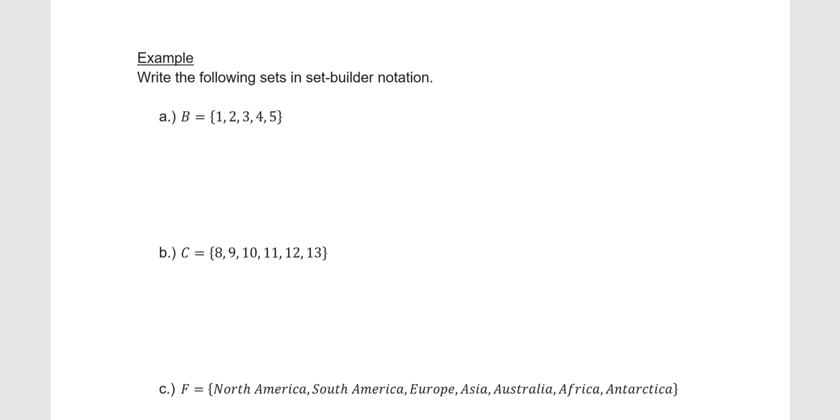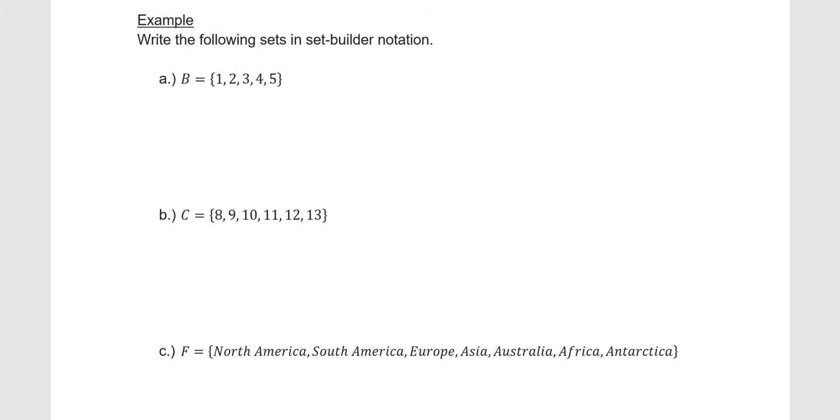So now let's go the other way. Let's have some examples here. We want to write the sets from roster form to set builder notation. So the first set B, we have the set 1, 2, 3, 4, 5. So in set builder notation, they're always going to start off the same. B is the set of all elements x such that. So they're all going to start off like this. And then on the right side, we have to decide what goes on the right side for the conditions.